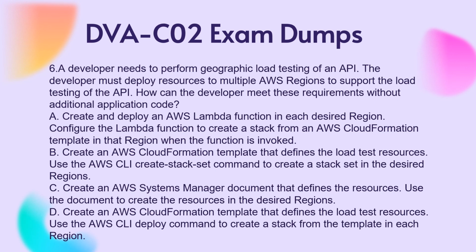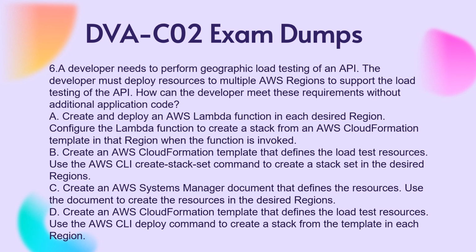A. Create and deploy an AWS Lambda function in each desired Region. Configure the Lambda function to create a stack from an AWS CloudFormation template in that Region when the function is invoked. B. Create an AWS CloudFormation template that defines the load test resources. Use the AWS CLI create-stack-set command to create a stack set in the desired Regions.